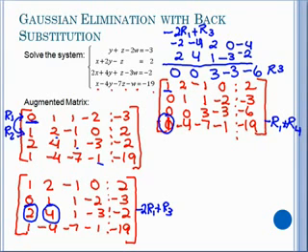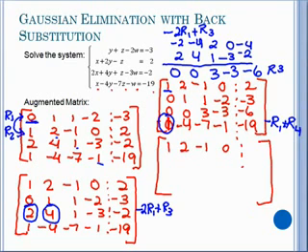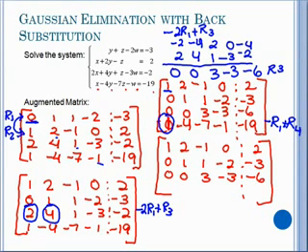And what we end up with is first row stays the same. Second row is going to stay the same as well. Same for the third. And your last row now is going to be 0, -6, -6, -1, -21.